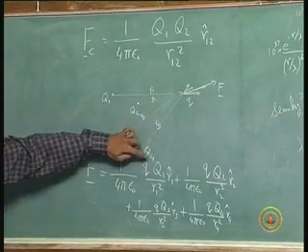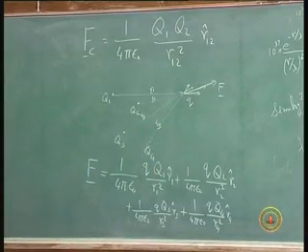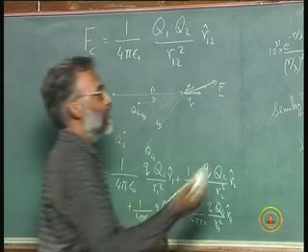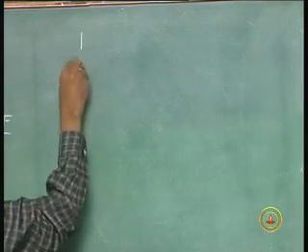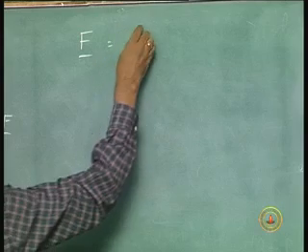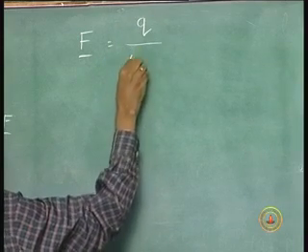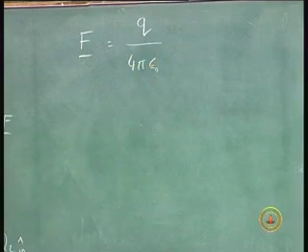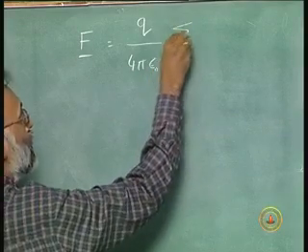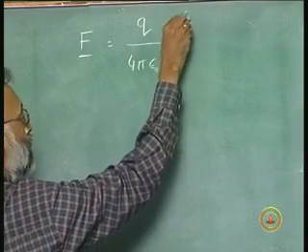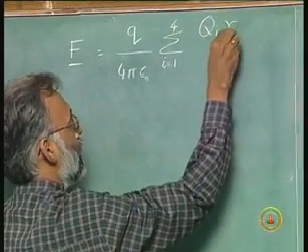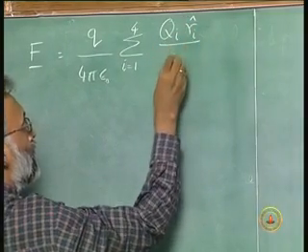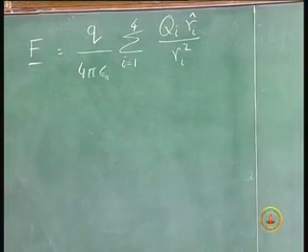Now you can see that q is common, so I can pull it out, and when I do that, I can write the formula as follows: F is equal to small q over 4 pi epsilon 0 summation i equals 1 to 4 capital Q sub i, r sub i unit vector divided by r sub i squared.